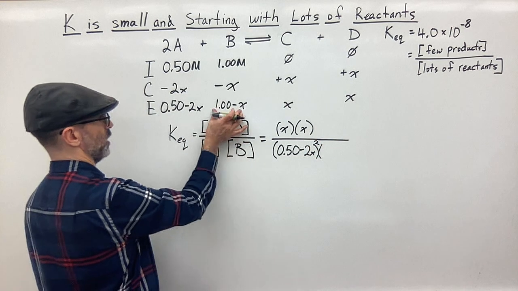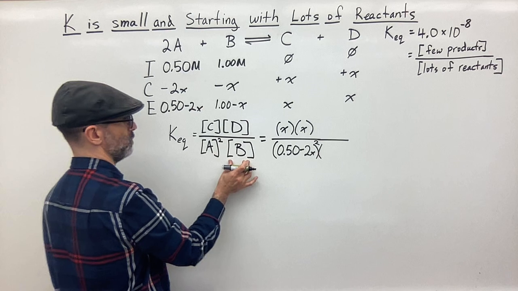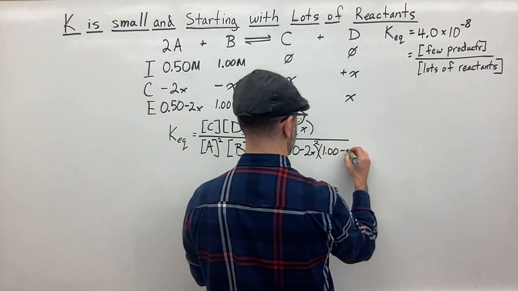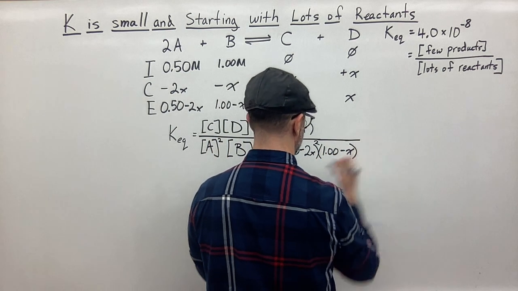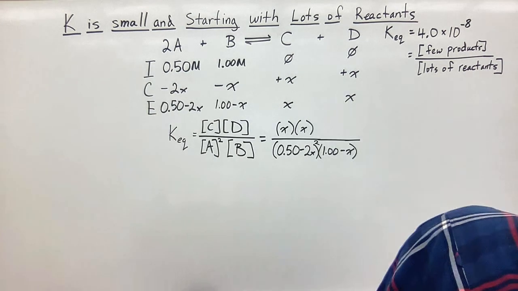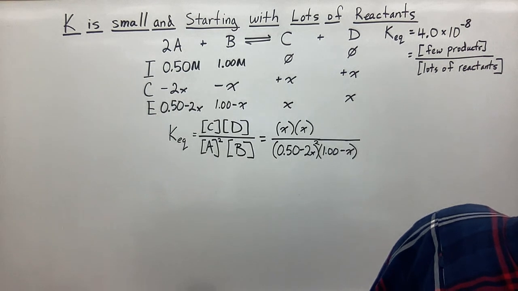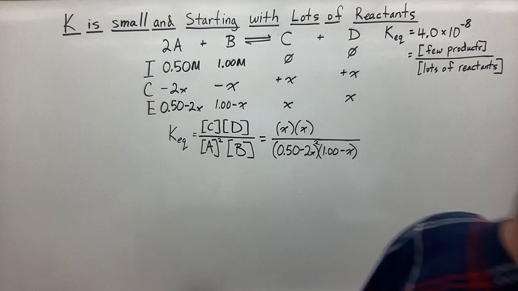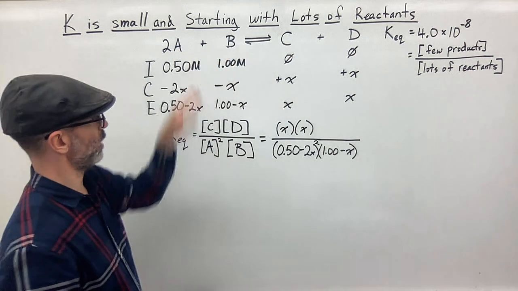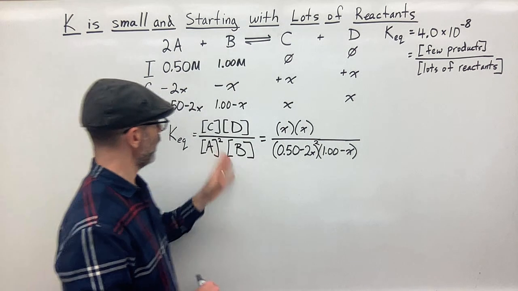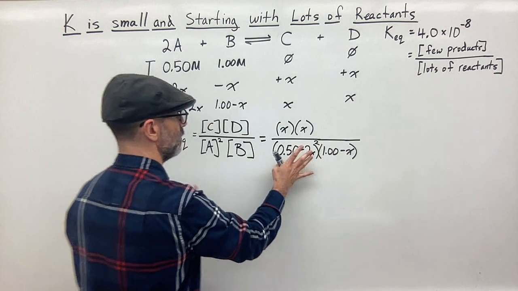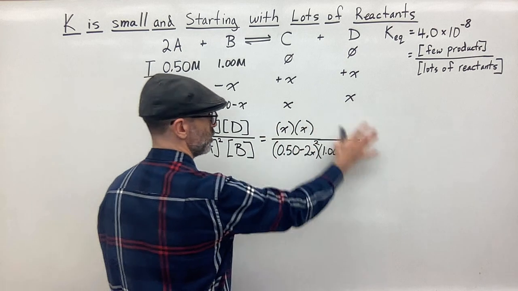And then I'm going to put in this for the concentration of B. So that's going to be 1.00 minus x. Okay, let me make sure I have my equation right. Yep, that is correct. I just wanted to verify I was using the right equation. So now this is my equilibrium expression in terms of x.